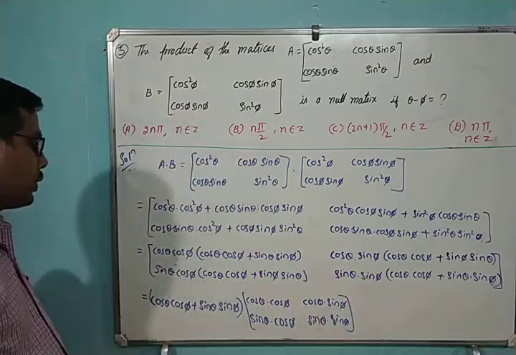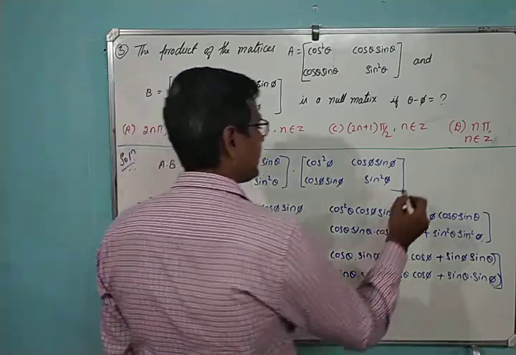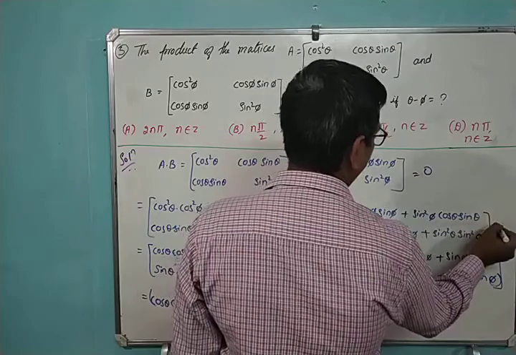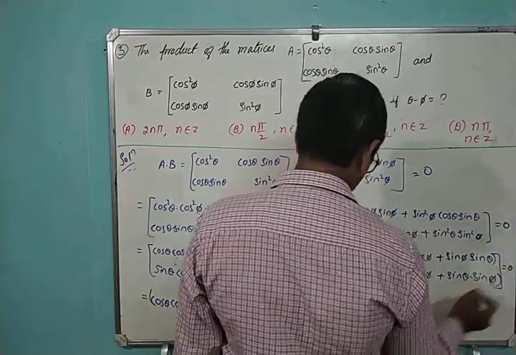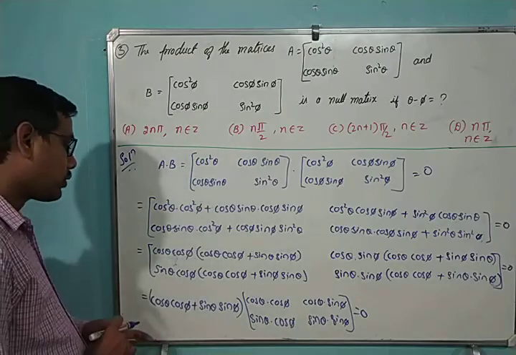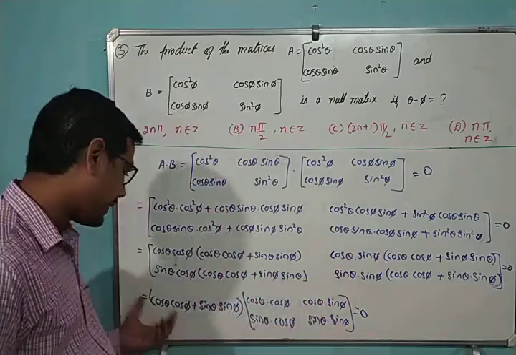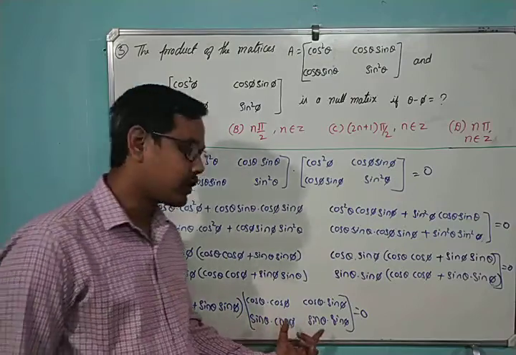Right. So now, A into B should be a null matrix, equal to 0. So now this entire thing becomes 0 either when this part is 0 or this part is 0.